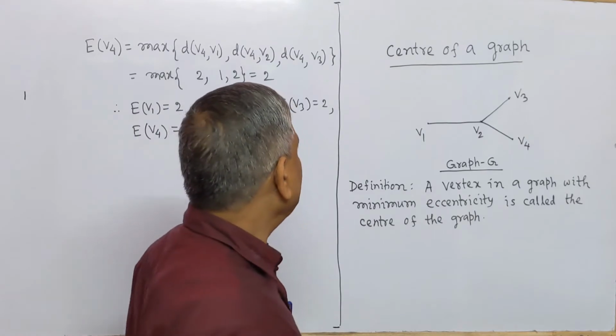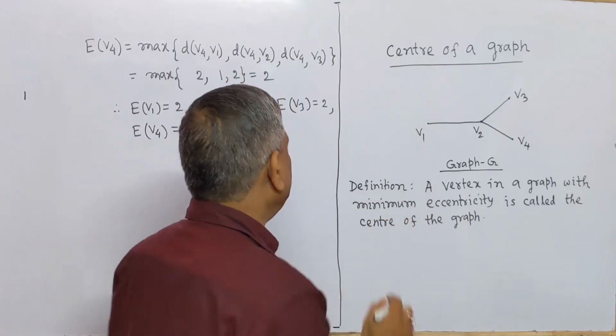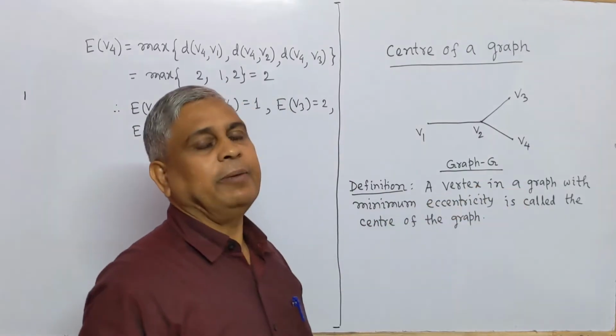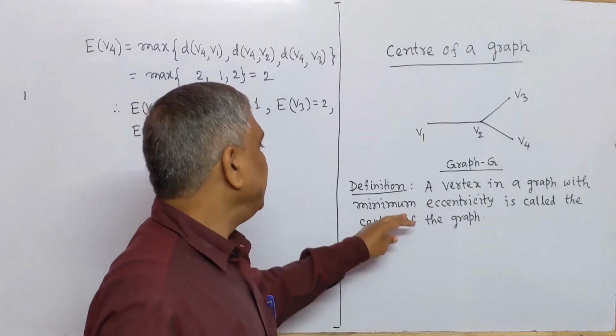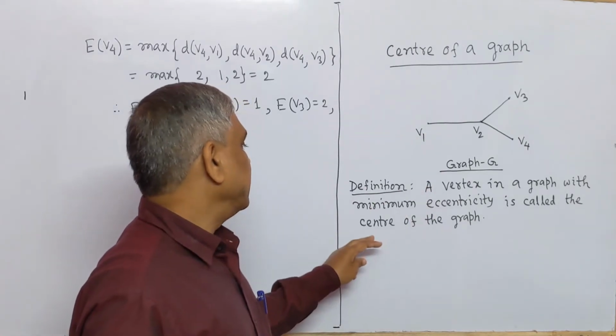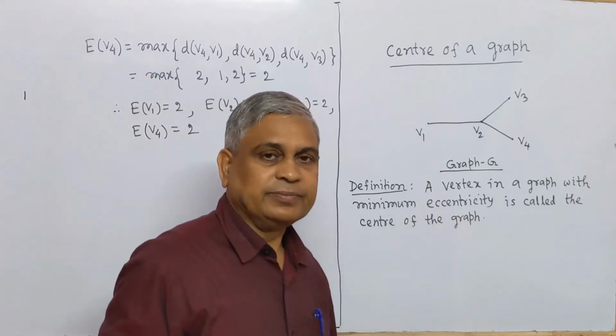Now we define center of a graph. Definition: a vertex in a graph with minimum eccentricity is called the center of the graph.